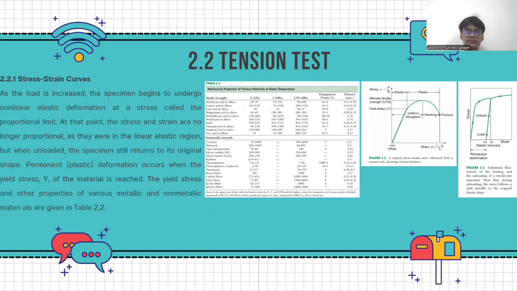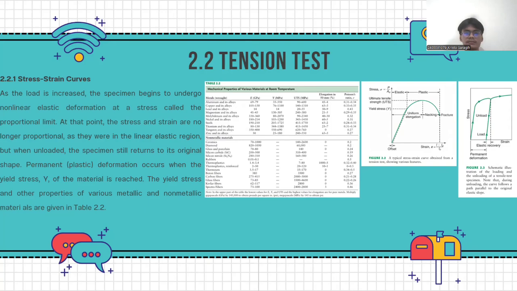Stress-strain curves. As the load is increased, the specimen begins to undergo non-linear elastic deformation at a stress called the proportional limit. At that point, the stress and strain are no longer proportional as they were in the linear elastic region, but when unloaded, the specimen still returns to its original shape.